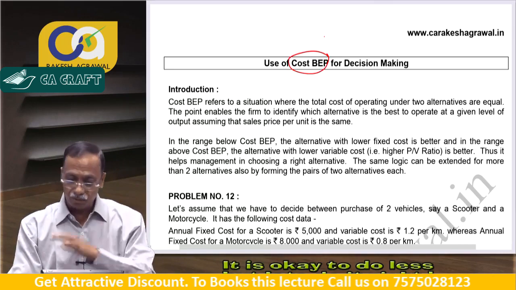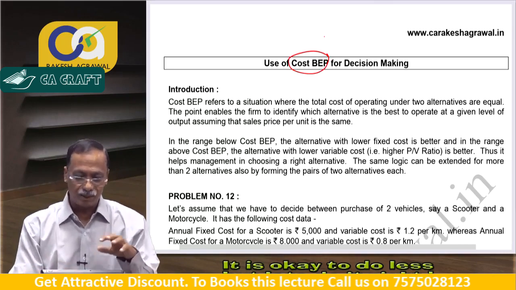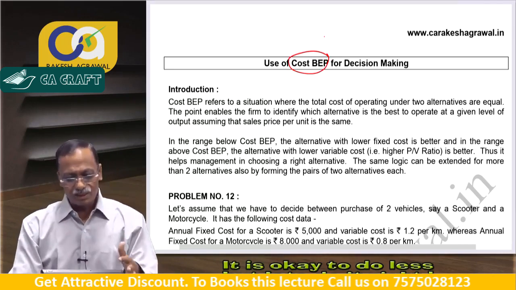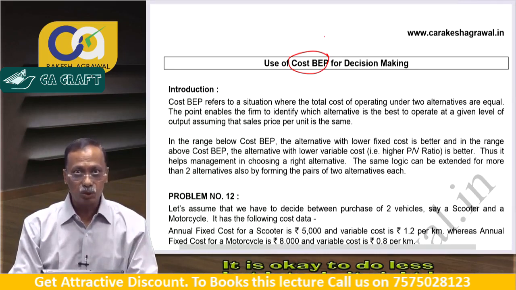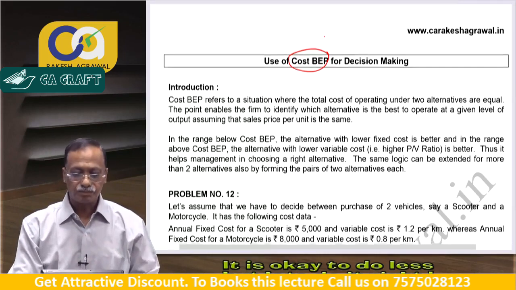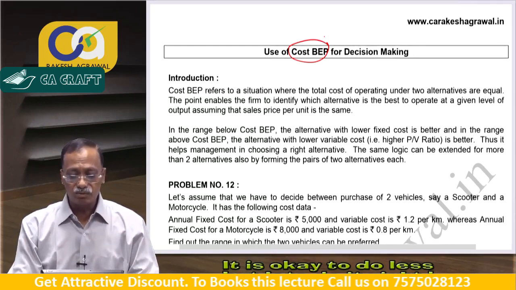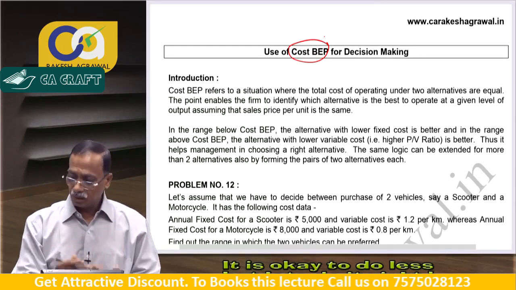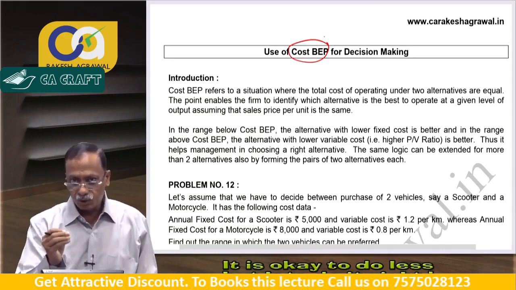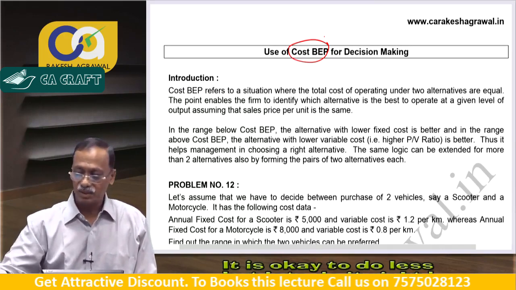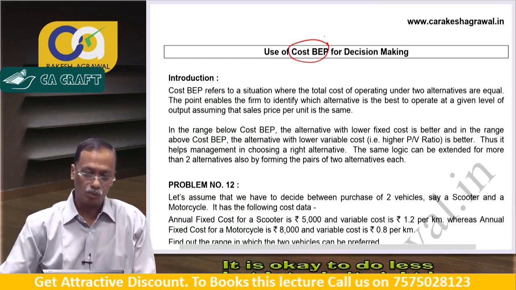Cost BP is different from the normal BP which we calculated. But I think today we have already spent sufficient time together. So from here onwards, we'll start tomorrow instead of today. I will start the journey of cost BP for decision making, concept related questions, and we'll go ahead. So slowly we'll start the journey of CA final from tomorrow onwards.